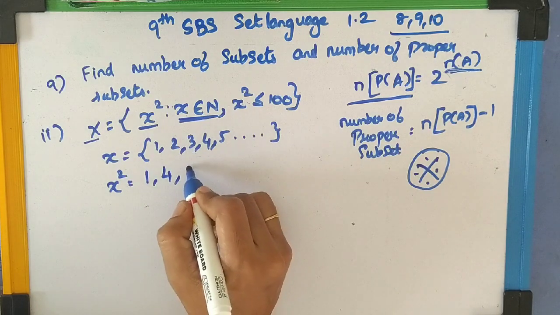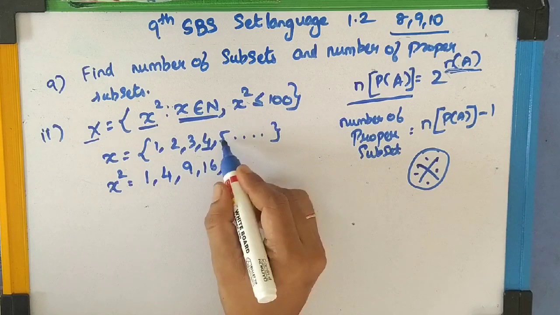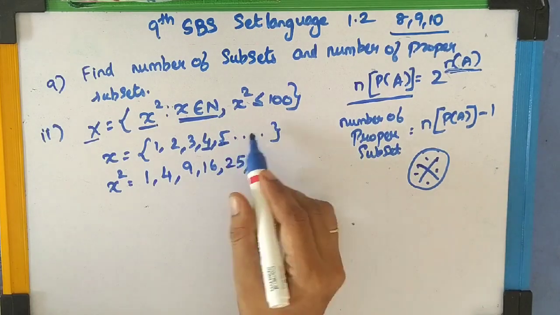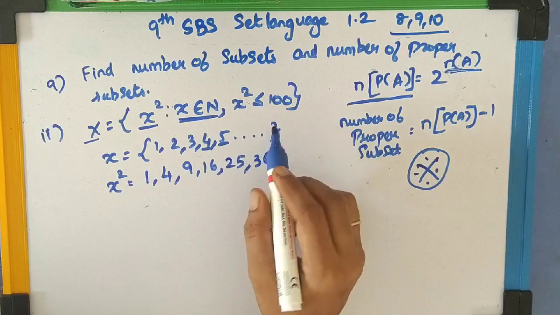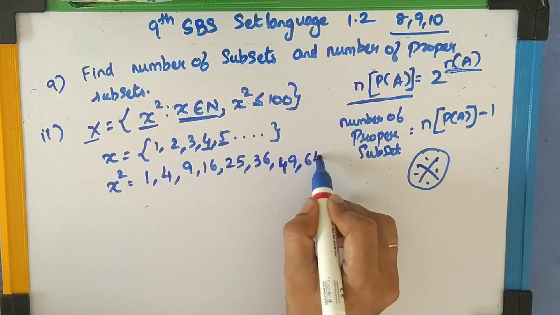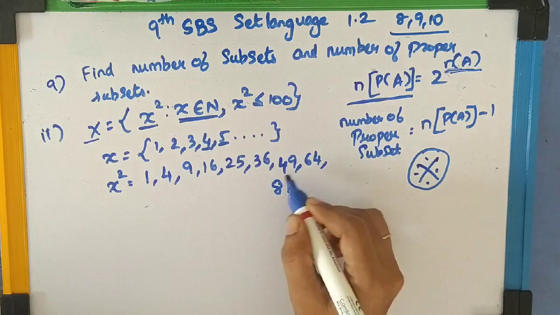The square of 2 is 2 into 2, 4. The square of 3 is 9. The square of 4 is 16. The square of 5 is 25. The square of 6, 6 6s are 36. Then the next number 7, 7 7s are 49. 8 8s are 64. 9 9s are 81.